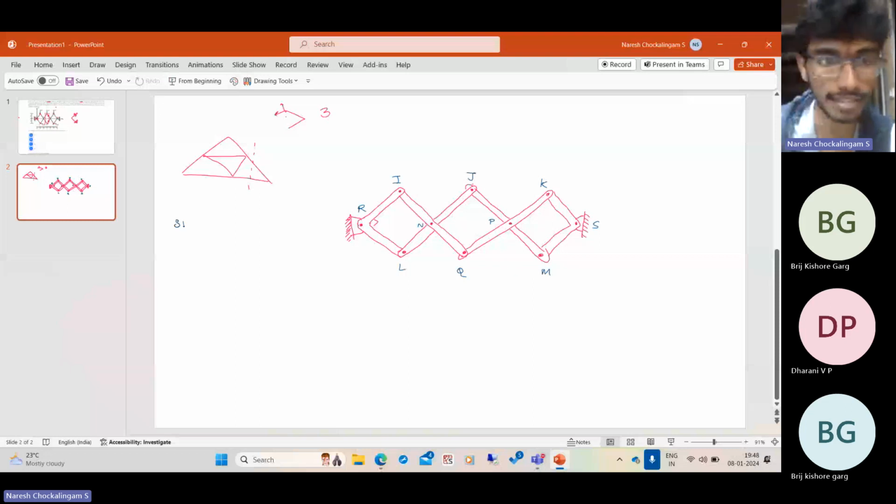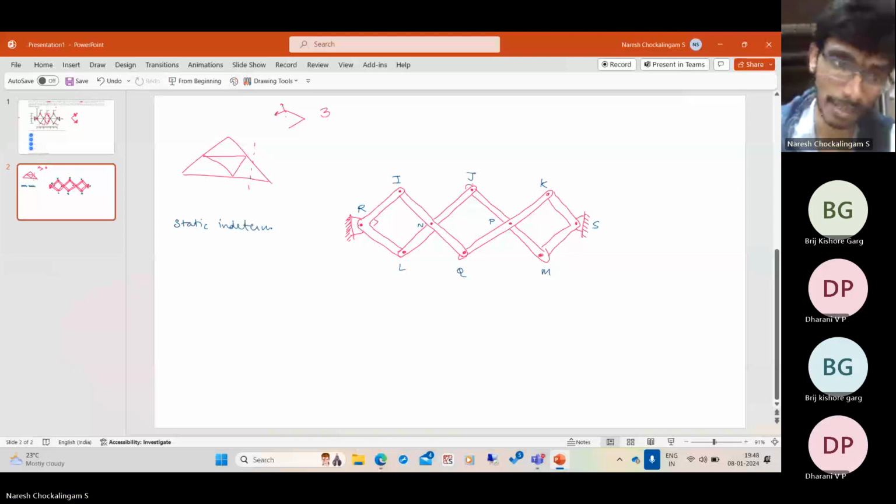So what is the degree of static indeterminacy? So how do you find out for frames? If you take, every arm has got three internal forces, right? So the bending moment, shear force, and axial force are the unknowns in this member.